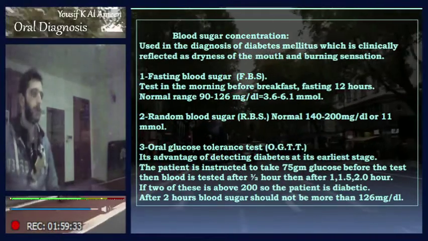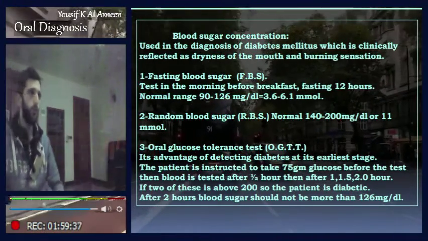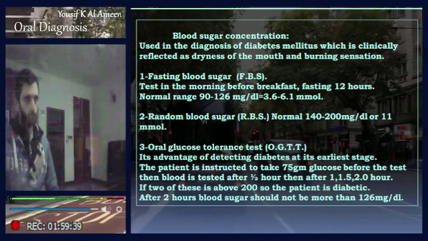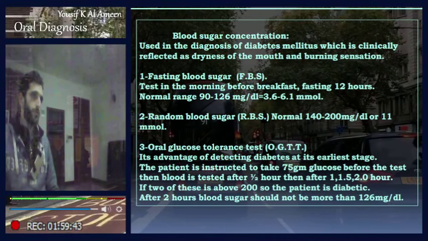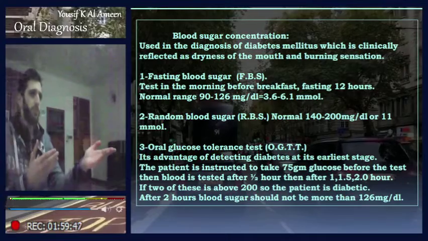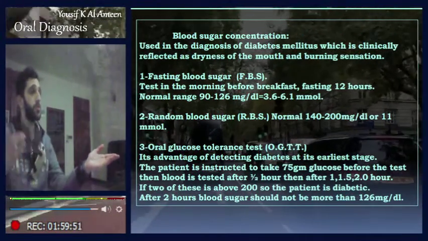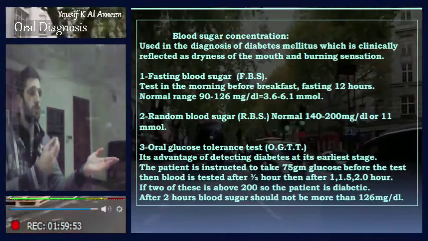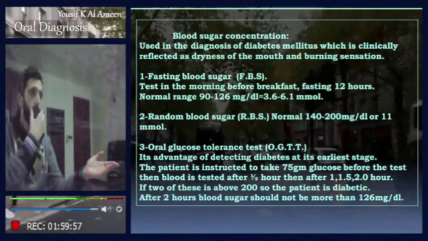Random blood sugar is 140 to 200. Oral glucose tolerance test has the advantage of detecting diabetes at the earliest stage. The patient is instructed to take 75 grams of glucose before the test.